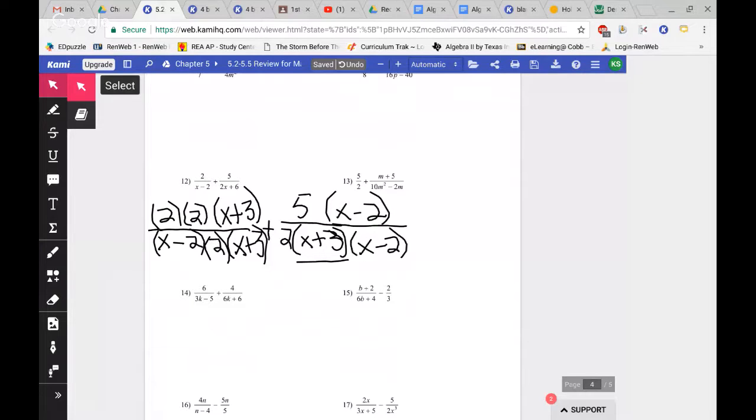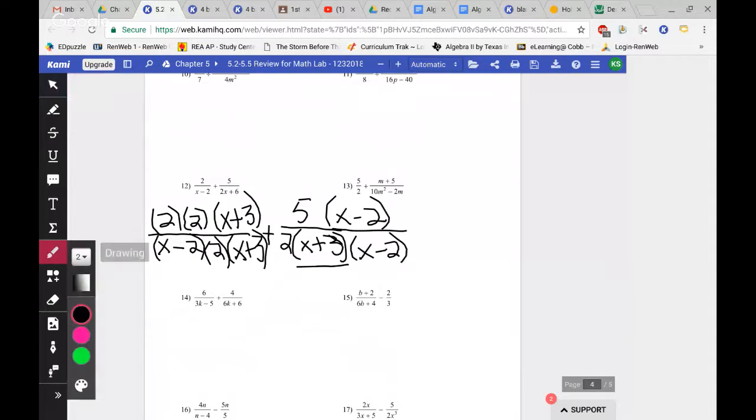terms. But to multiply the top, this is 2 times 2, which is 4. And then I have to distribute that 4 to the x and the 3, which is going to give me 4x and then the 4 times 3 plus 12.